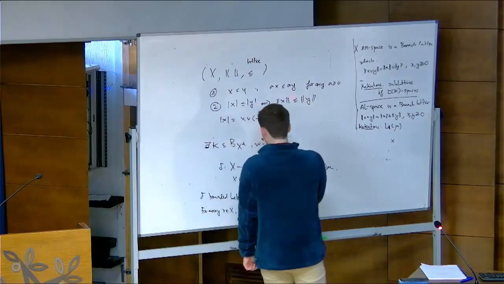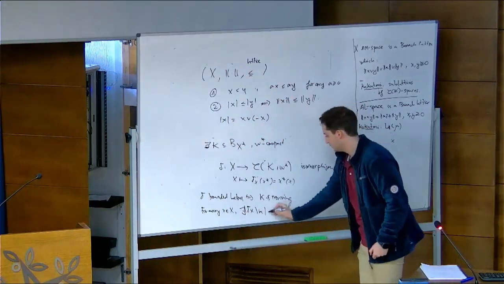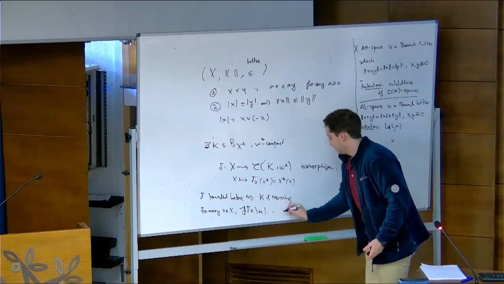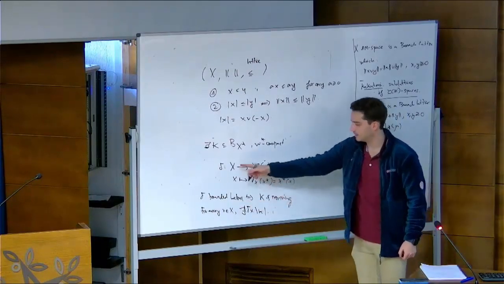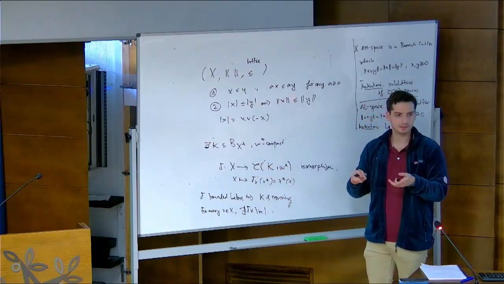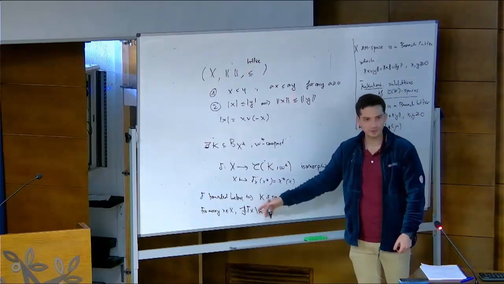What is the meaning of this condition? We can say that when we have this condition, the image of delta in this case is a sublattice because it's closed under modulus.